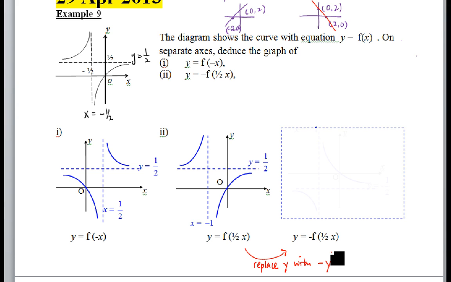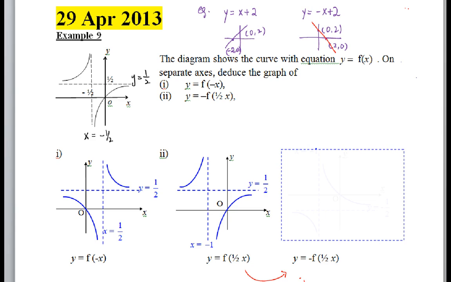What you can do is to use the above example, do the same thing. You replace y with negative y, which means your y equals negative x minus 2. You see, I think it's quite obvious that you actually take the negative of all the y coordinates. So that's why it's a reflection in your x-axis. This is not difficult to understand. So once you understand this, the rest is easy. Just reflection. Done.